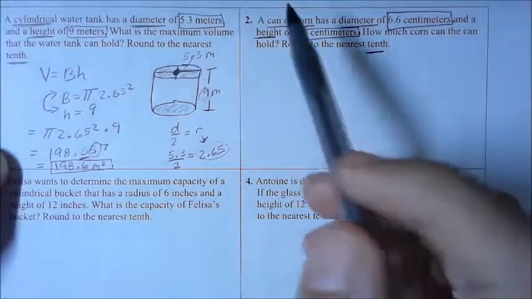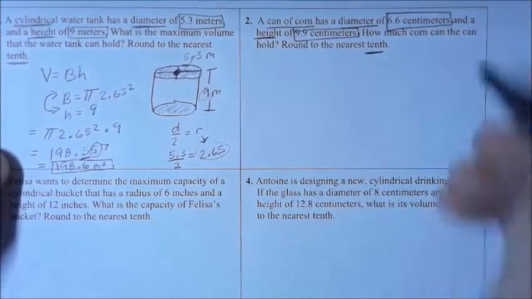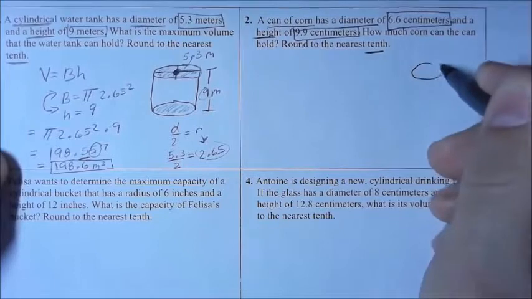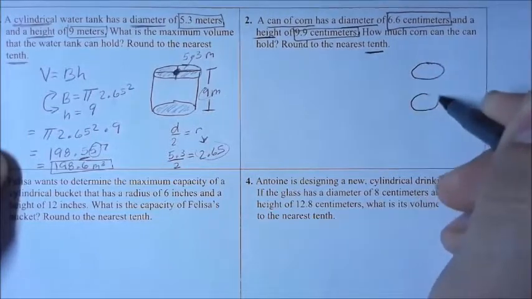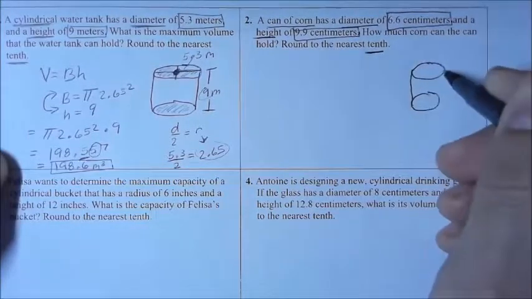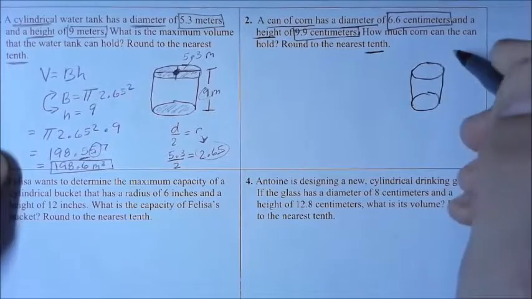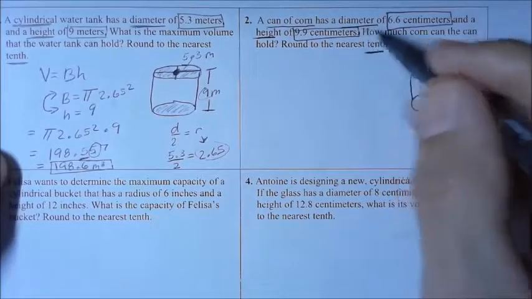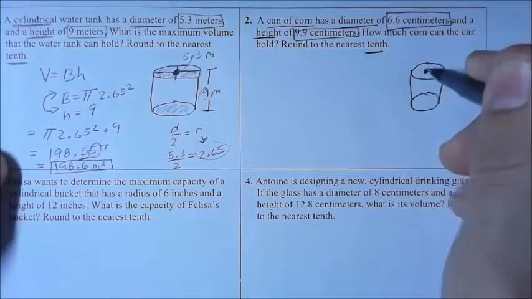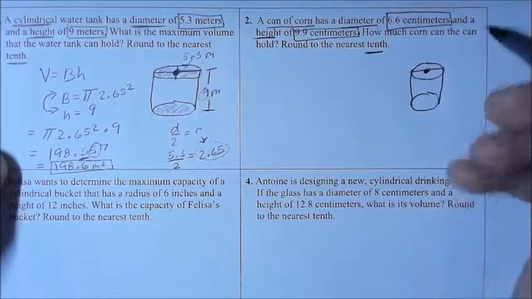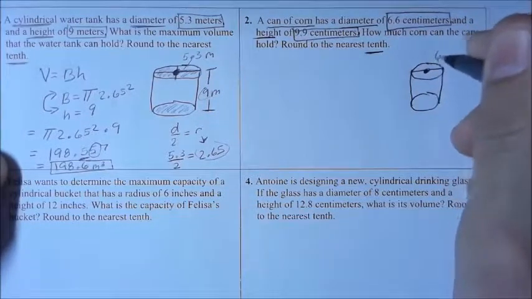Well, we've done step 1, we've underlined and boxed. So now we're going to go ahead and draw our image. So I'm going to draw this can of corn here. So there's my can of corn. It says the diameter, and notice that's the diameter, so it's all the way across from edge to edge of the circle, is 6.6 centimeters.